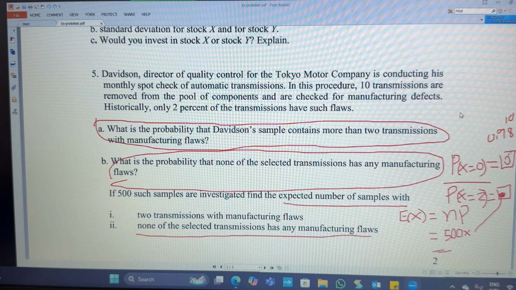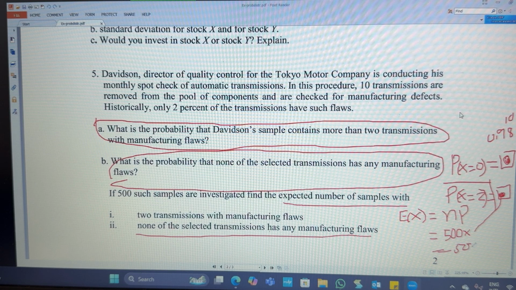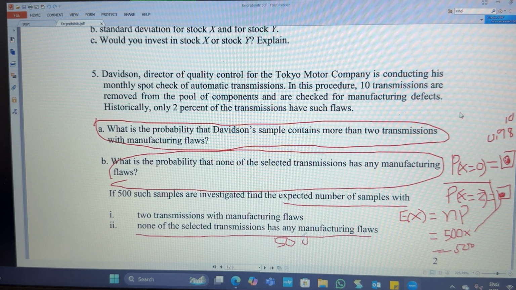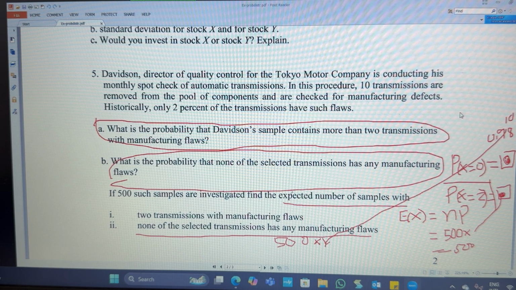So this answer you multiply by 500, here it's 500, to find the expected number. So please try to do it and come next time.